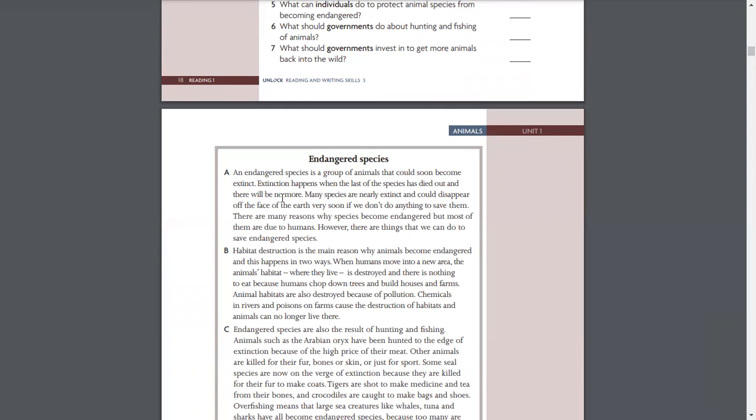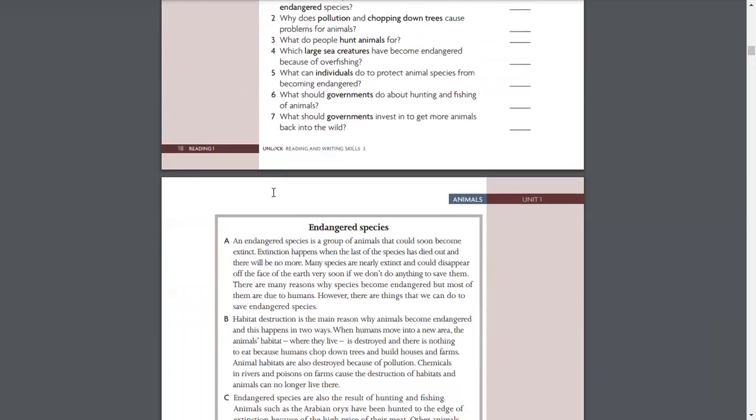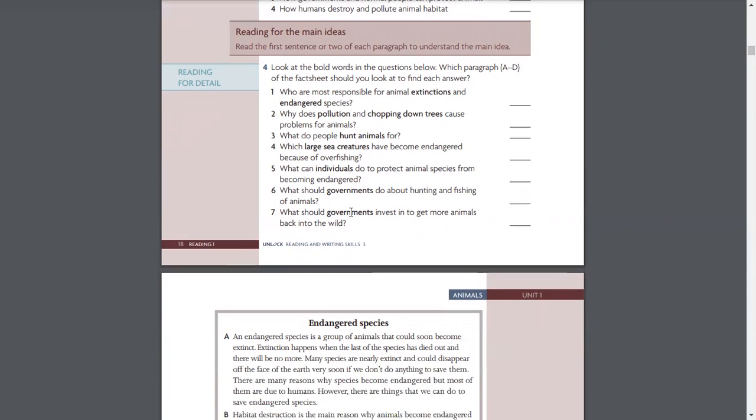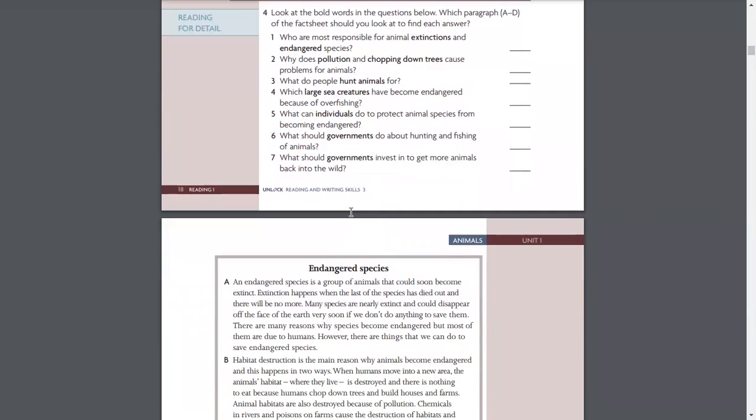For example, if we look back at question number 1 in exercise number 4, we have such words as extinction and endangered. They are highlighted, which means they're keywords in our question. Who is most responsible for animal extinctions and endangered species? So we need to find who makes animals endangered and extinct. How do I do that?